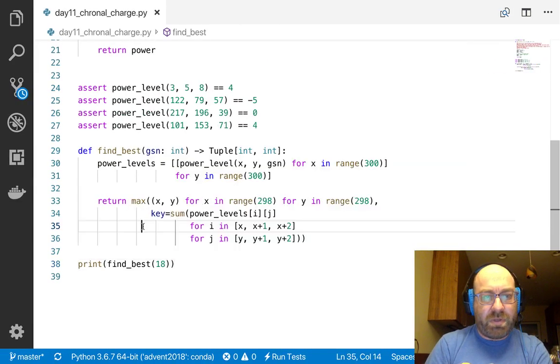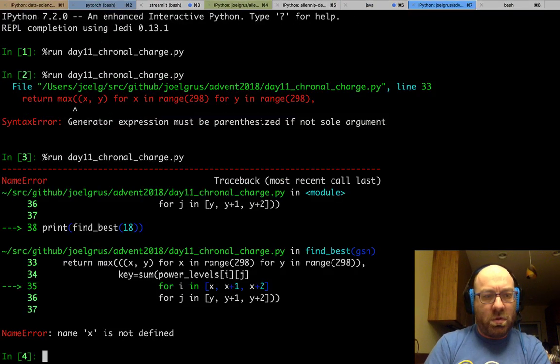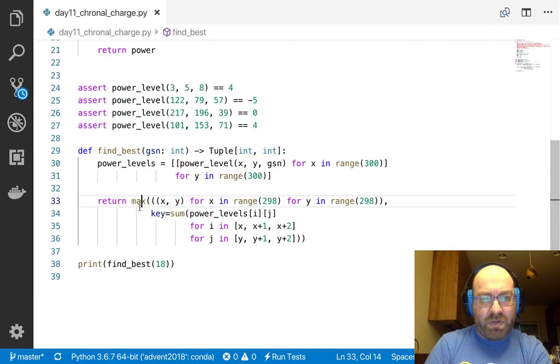Generator expression must be parenthesized if not sole argument. Okay, that's fine. Name x is not defined.